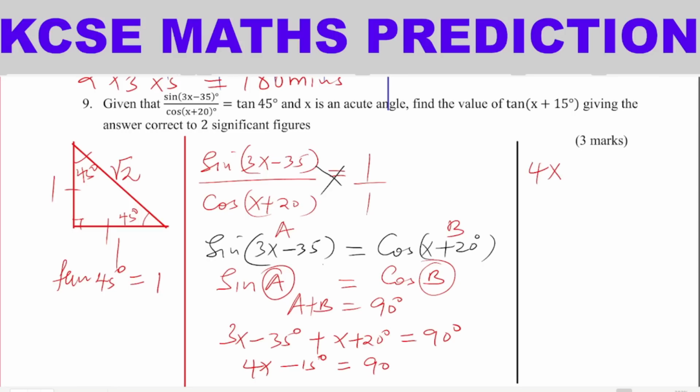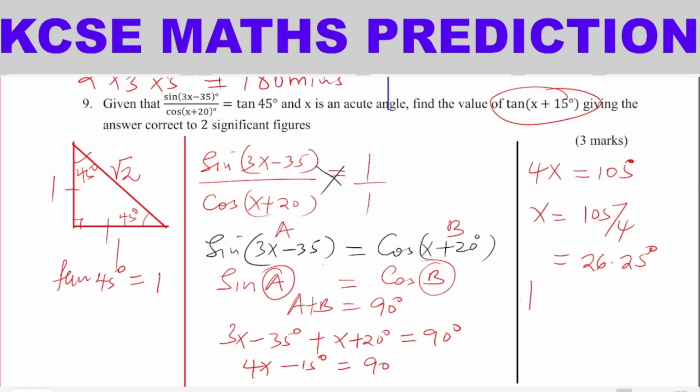So, therefore, 4x is equal to 105 degrees. So x is 105 divided by 4, and when you divide, this gives 26.25 degrees. Now the question is to get the tan of this.